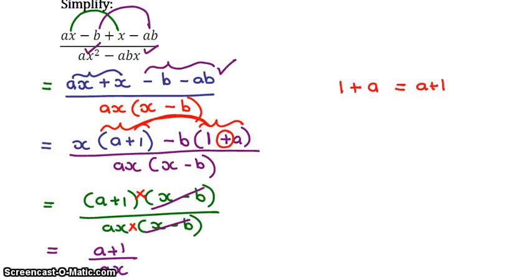Now, most people are tempted now to go, wonderful, the a and the a cancel, but I can't. It's not one term over one term. If I write it with a bracket like that, it is one term over one term then. But in that case, you either cancel the entire a plus 1, or you may not individually go into a bracket. It's the whole bracket or nothing, which means that fraction is as simplified as it can be.